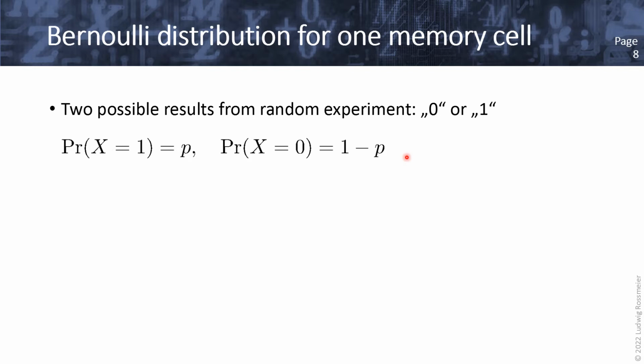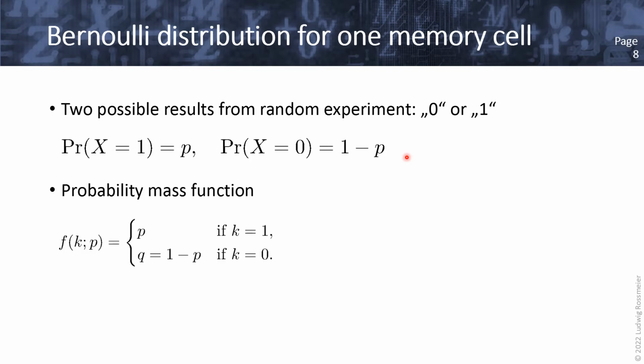That means they have 100% probability. The probability mass function from this is defined by either the probability P if k equals 1, where k is the result of the experiment, and Q, which is 1 minus P, if k equals 0.